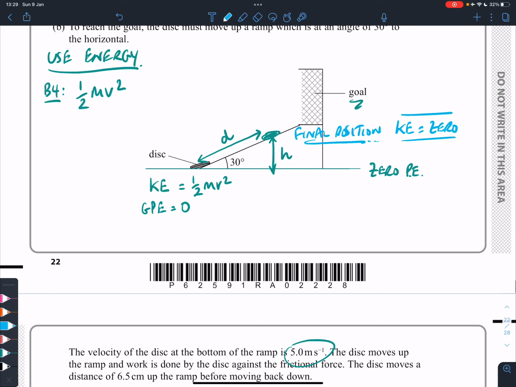So its potential energy is equal to mgh, whatever this distance is, height. But we know what that is because we know d, and d equals 6.5 centimeters.